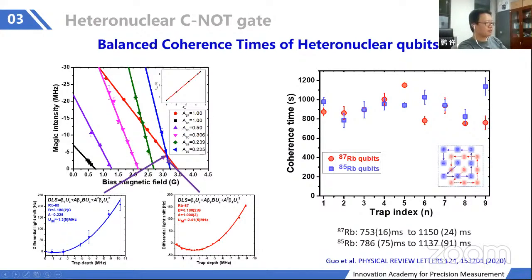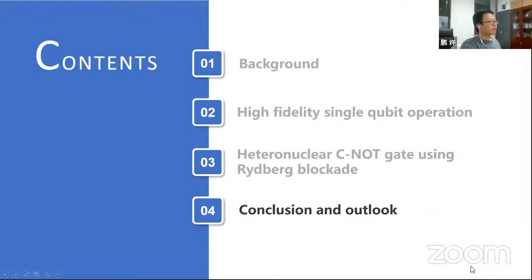This coherence time balance is really important for the later stage, because when we construct the CNOT gate between these two atoms, if one of them has a lower coherence time, it will limit the total coherence time of this entangled system. And this result is also recently published.